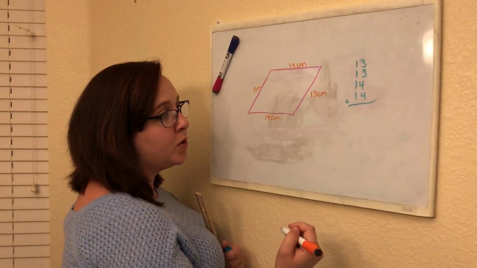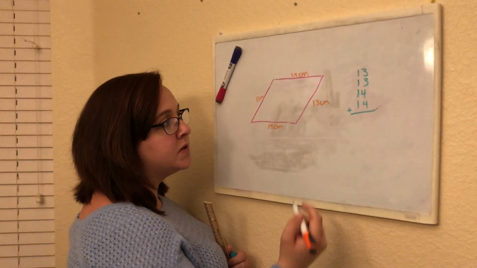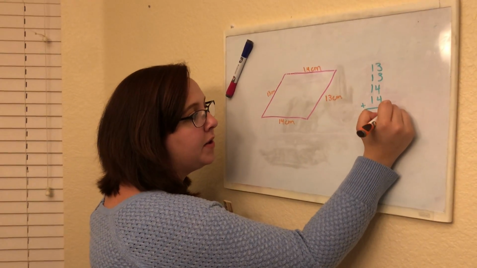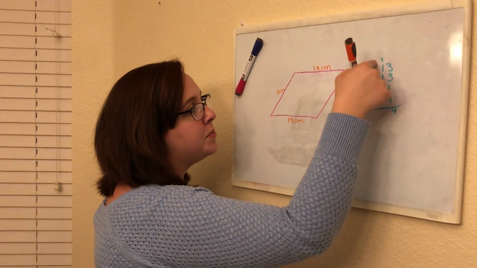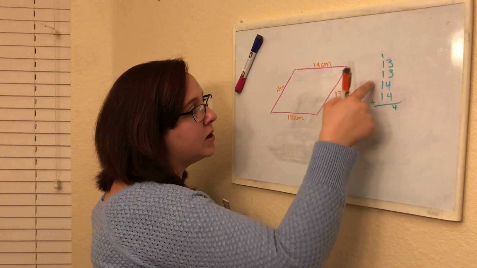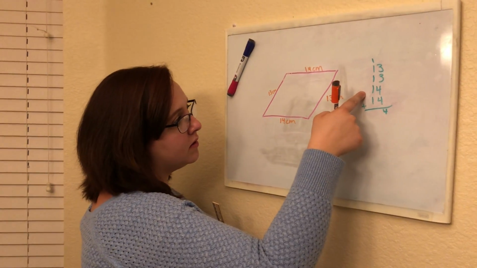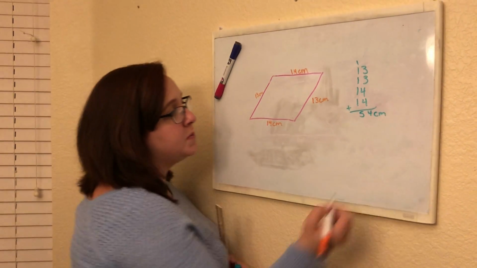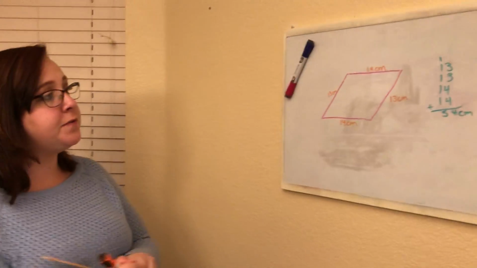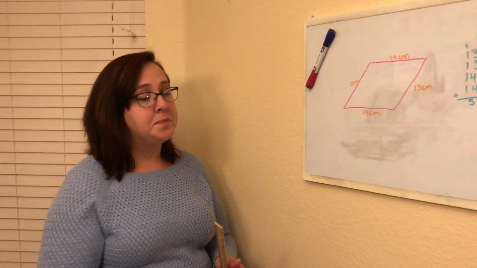And 6 plus 4 is? 10. And 10 plus 4 is? 14. Now we have a 4. What do we do with the 1? We carry it. Okay. What's 1 plus 1? 2. What's 2 plus 1? 3. What's 3 plus 1? 4. And 4 plus 1? 5. So the perimeter of this parallelogram is 54 centimeters.